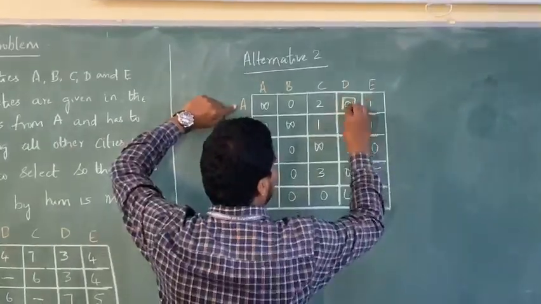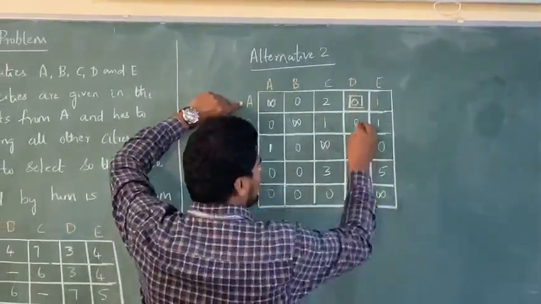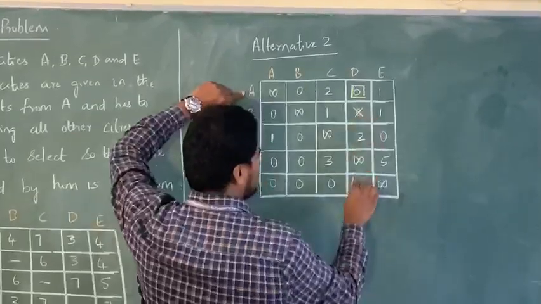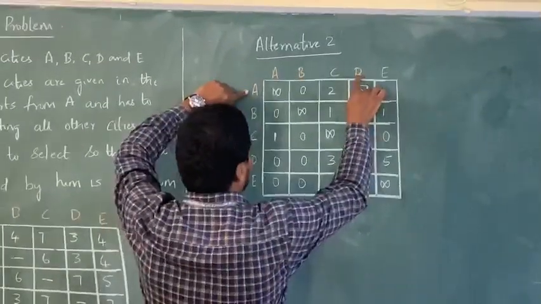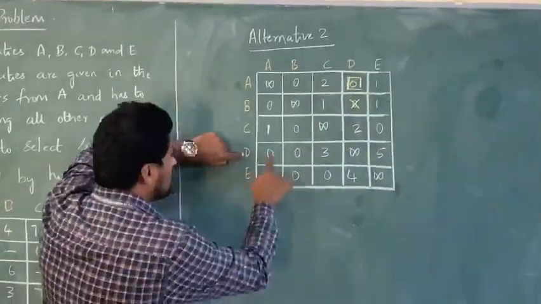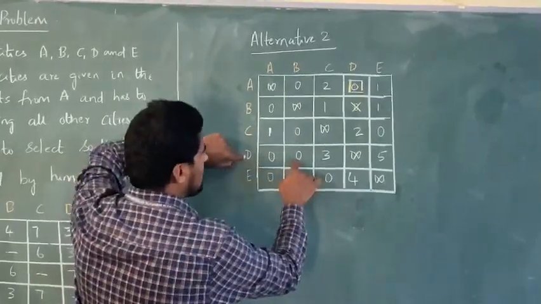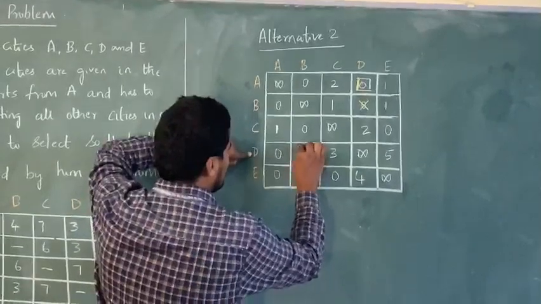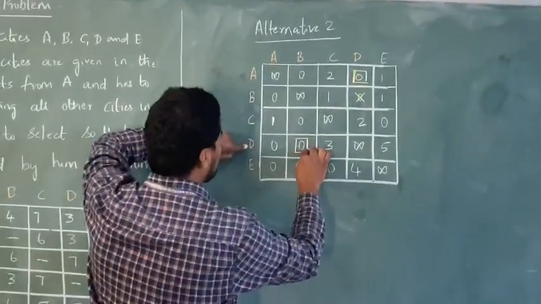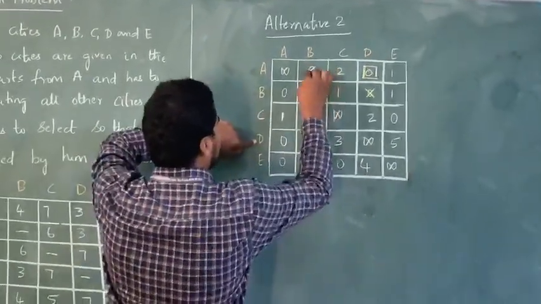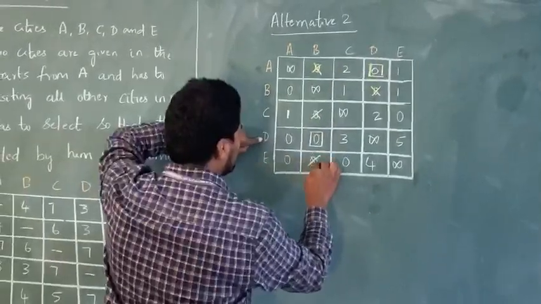If I travel to city D, in that particular column I have 0, I'll strike off this. Next from D, I can't go to city A, I can go to city B. So I'll go to city B and strike off all these zeros in this column.